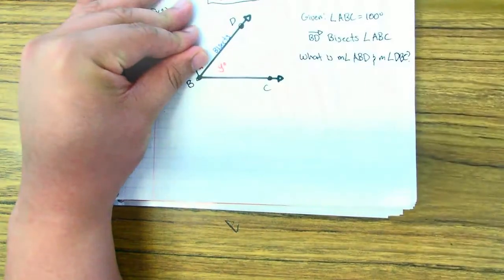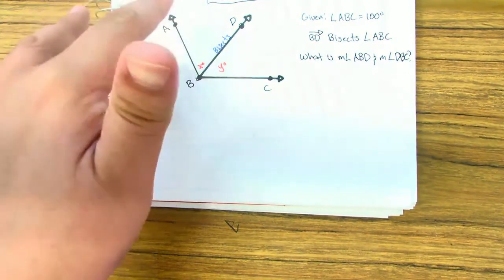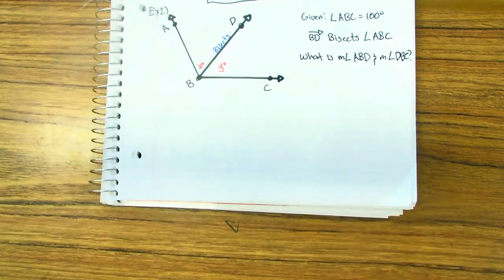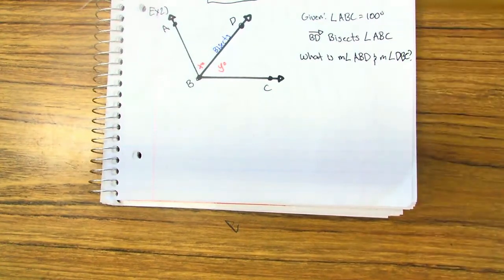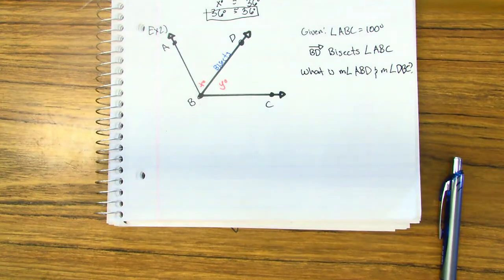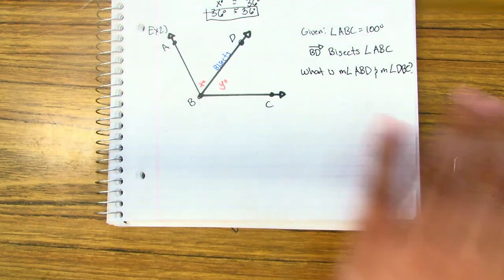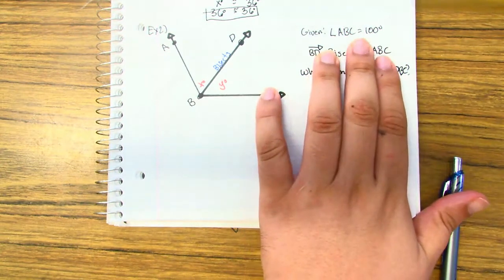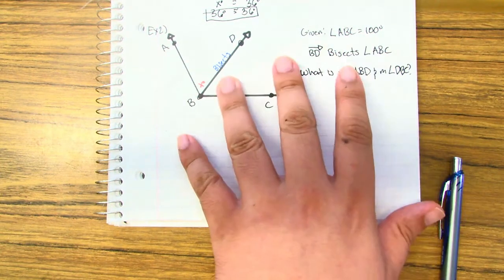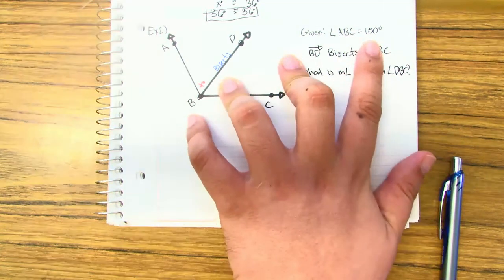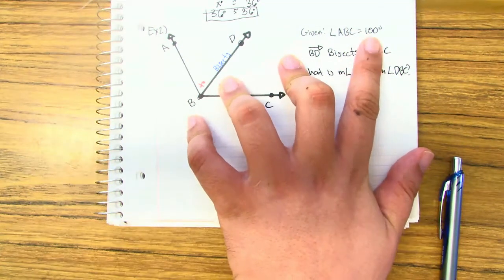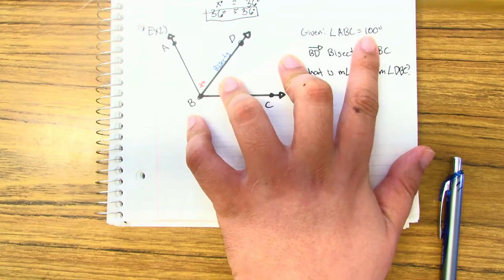Now we have two variables, but we don't really have to write an equation for this. Why? Because we can use common sense. What do you think the answer is going to be for x and y? 50-50 is the correct answer. Why? Because the value given here is 100, and bisect means it cuts into two congruent parts. If you know that 100 will be divided into two congruent parts, you can divide that by 2, like the student mentioned earlier.